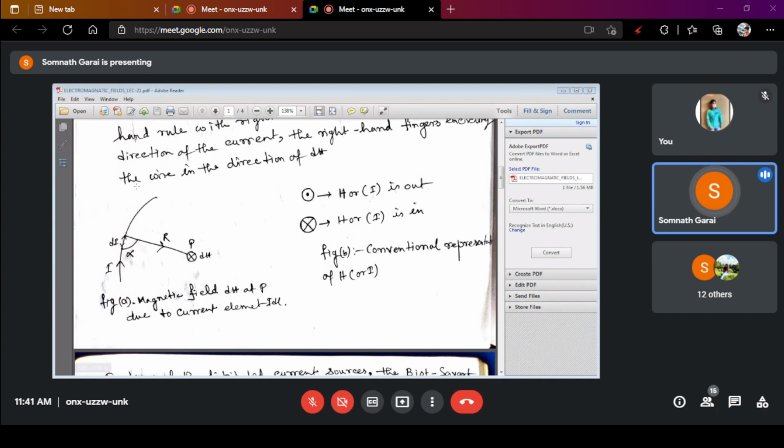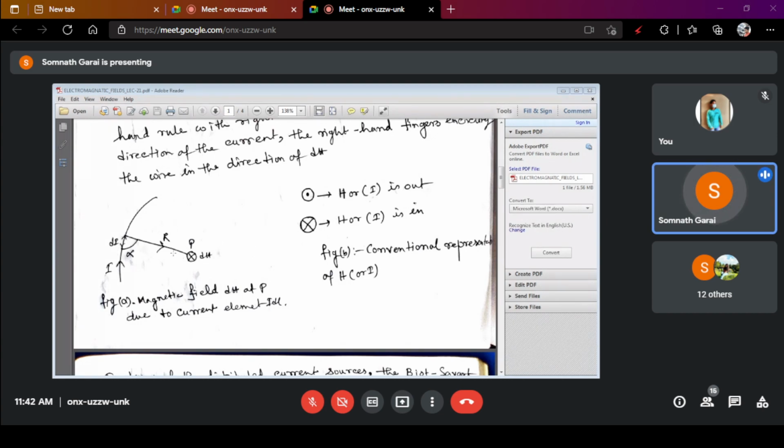So, if we consider this figure, this is a path. Along this path a current I flows, and this is the differential length dL.